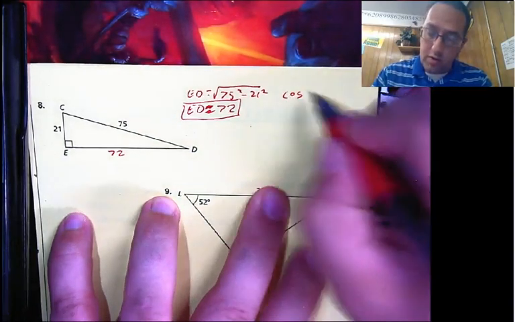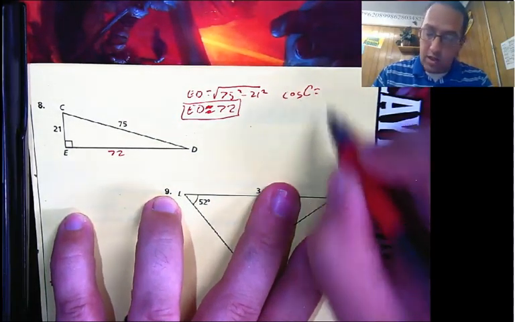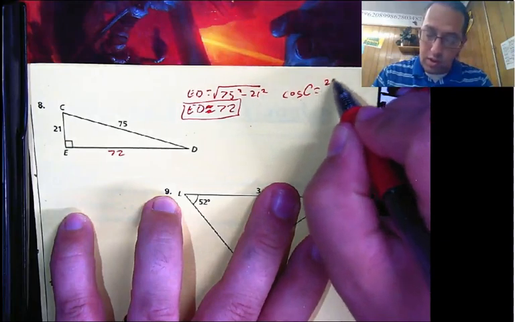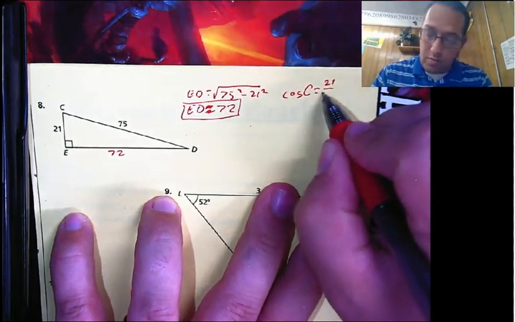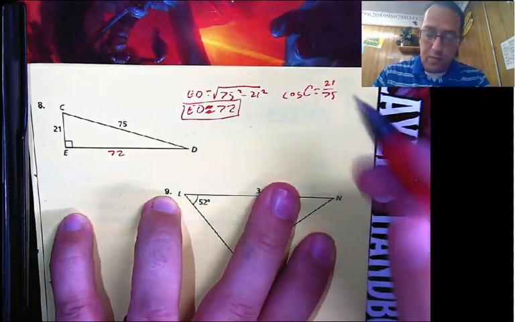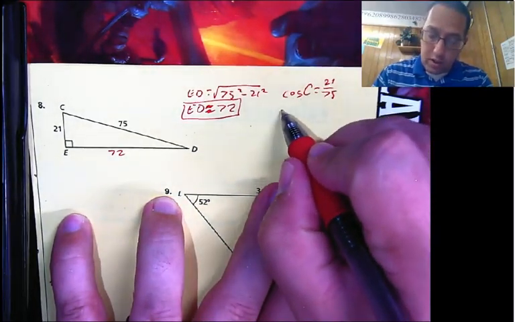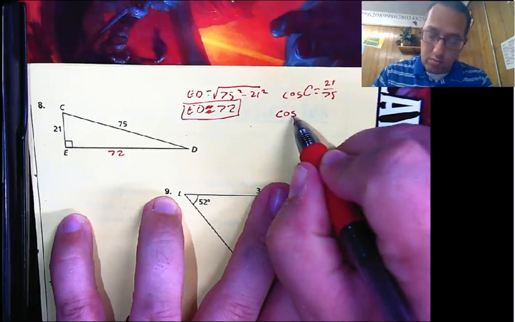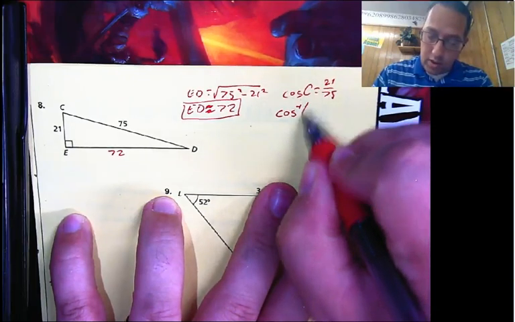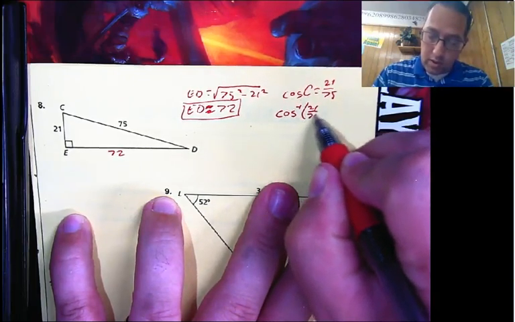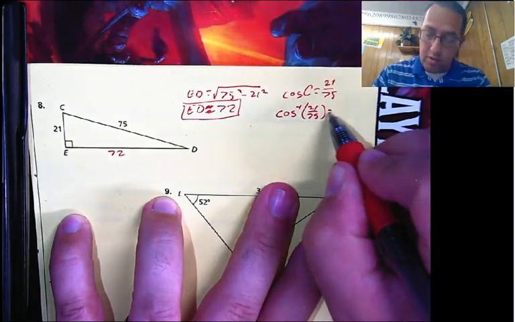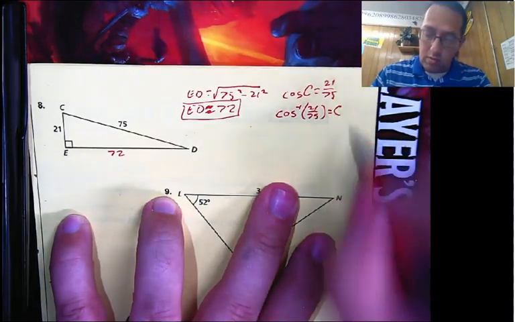So cosine of C equals 21, the adjacent, over the hypotenuse of 75. We don't want the cosine of C, we want C, so we do the inverse cosine: inverse cosine of 21 over 75, I'm not bothering to simplify this, equals C.